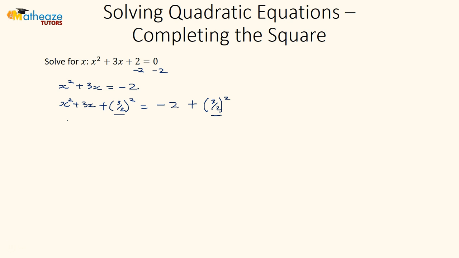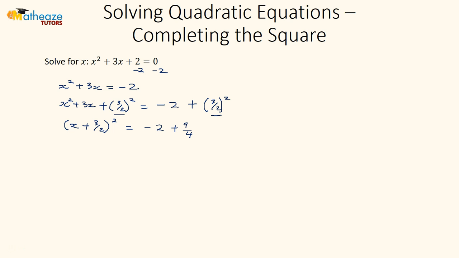So we pick out our x, and the value in the parentheses is plus 3 over 2, squared, equal to negative 2 plus 9 over 4.